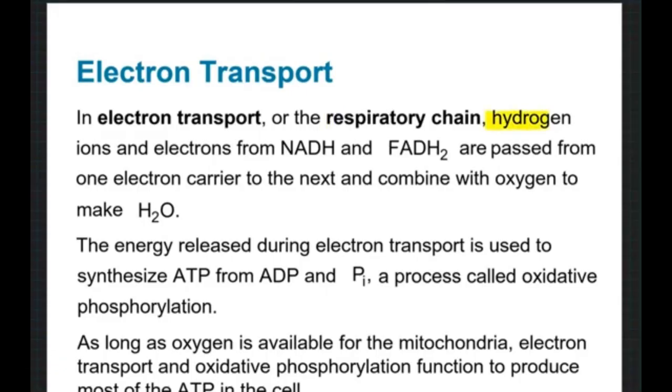Those hydrogens and electrons that come from NADH and FADH2 enter the chain, getting passed from one carrier, one protein of a chain to another, and release energy, which is used to indirectly synthesize ATP from ADP and phosphate, what we call oxidative phosphorylation.